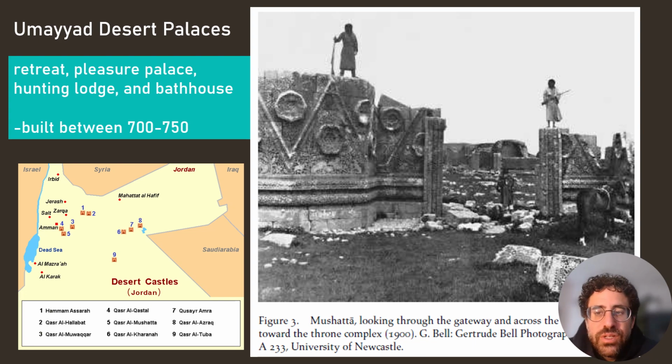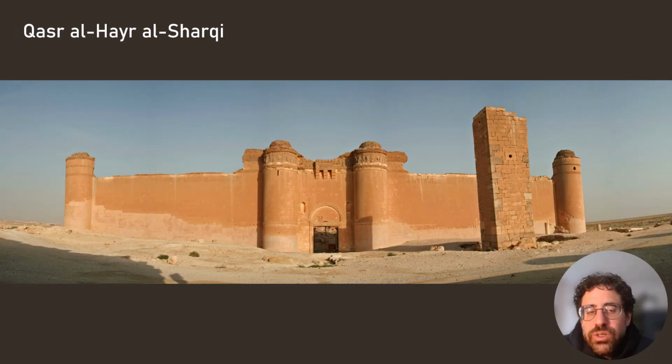They're quite impressive, but there's still a lot in situ, such as this one, Qasr Khair al-Sharqi, today found in the middle of the desert. And what's interesting is that some of these still have relatively well preserved mosaics. And what you see in this mosaic is unlike the mosaics on the Dome of the Rock, unlike in the Umayyad Mosque in Damascus.